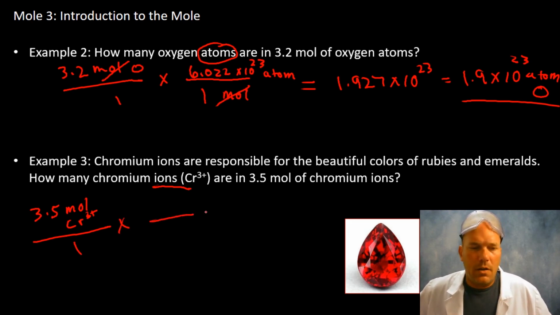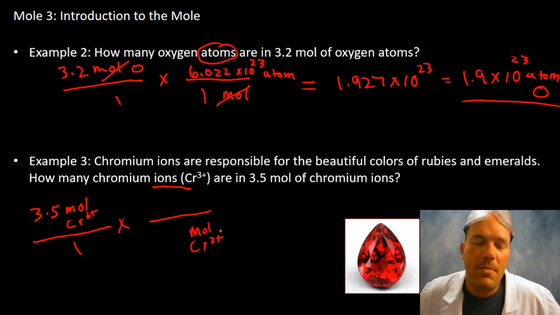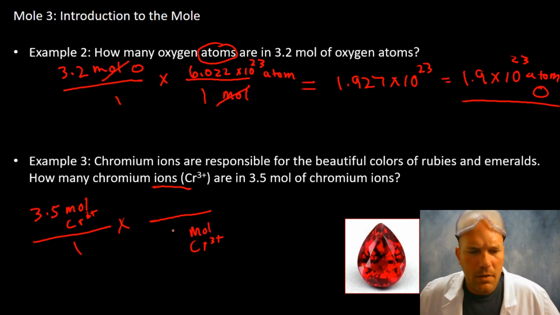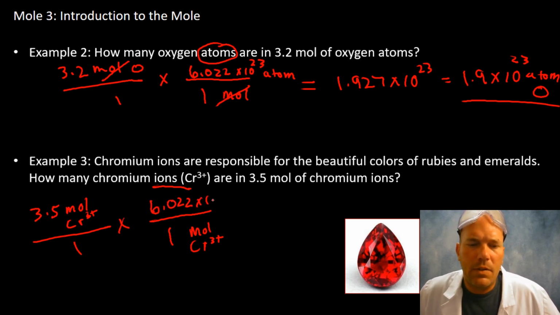Times. All right, so I need moles to be on bottom. And I specifically need the moles of the chromium ion on bottom. And even if you need to pause for a minute. Oh, wait a minute. This is Avogadro's number. In 1 mole of chromium ions, there are 6.022 times 10 to the 23 ions.